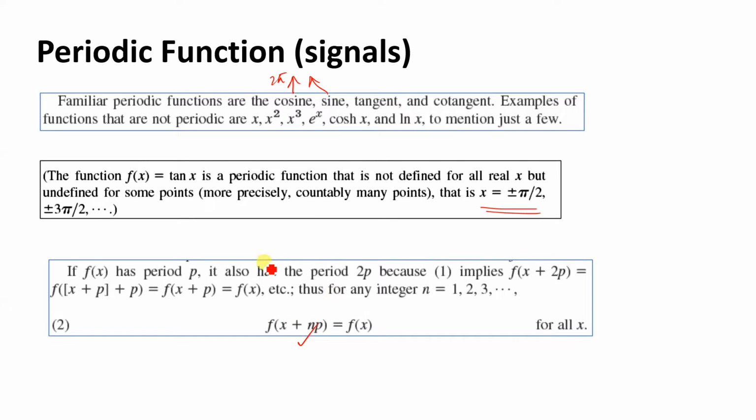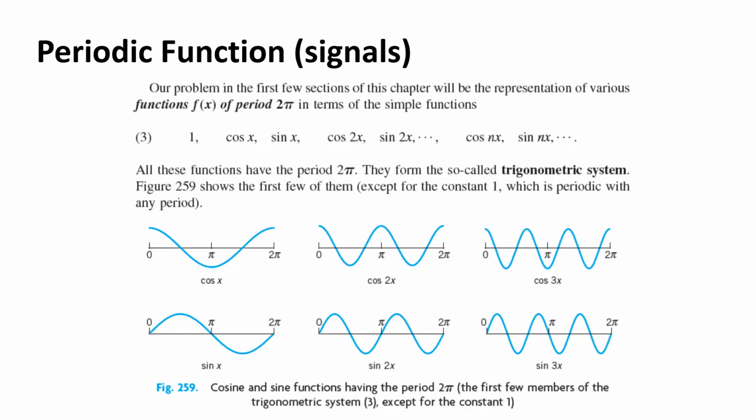But the fundamental period is the least positive number p for which f(x + p) is f(x). This is called the fundamental period of the function. So here are graphs of periodic functions sine and cosine with different frequencies.